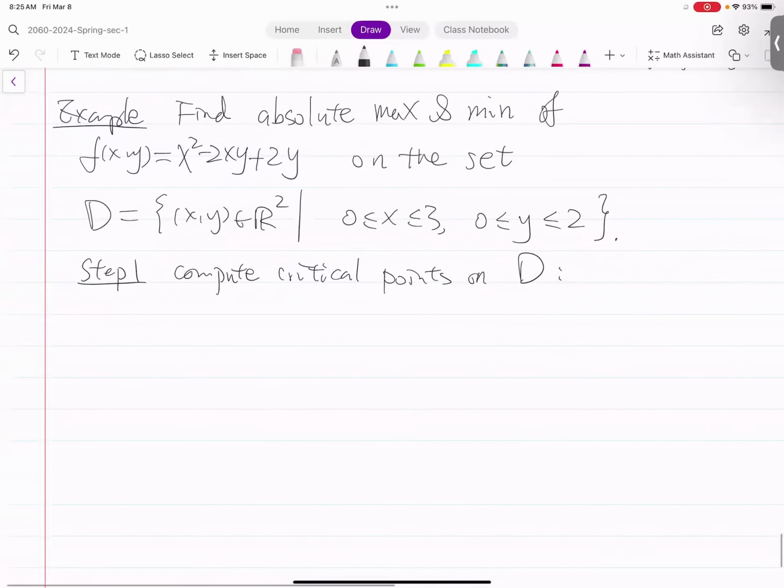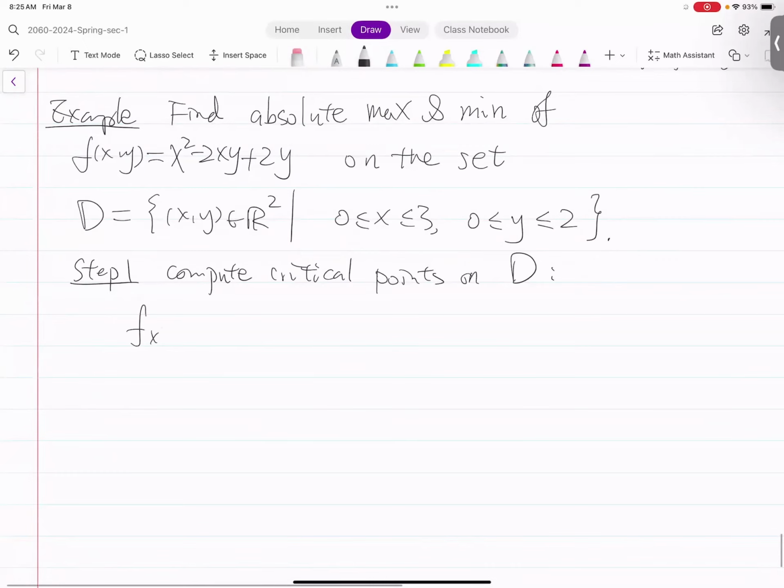So now this function is not trivial, so let's do the partials. The partial with respect to x is 2x minus 2y. The third term does not have x or y. And then for the partial with respect to y, the first term doesn't give you anything, so negative 2x plus 2. Now we set them both to be zero.